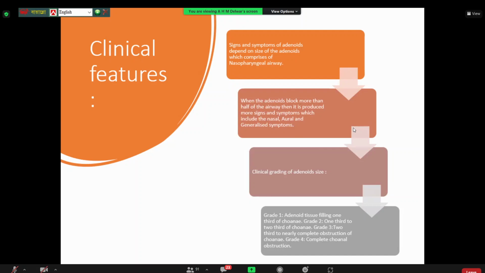Parents are not so anxious about the adenoids in their children, but they are conscious about the surgery, because late surgery causes generalized symptoms. Next slide, I will describe it.